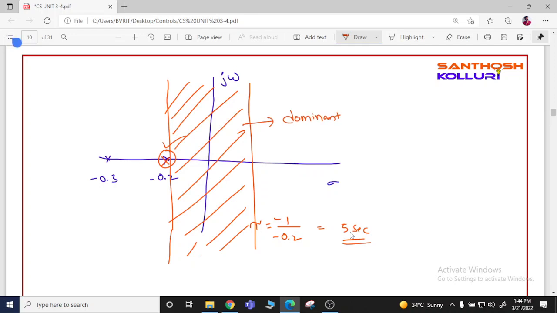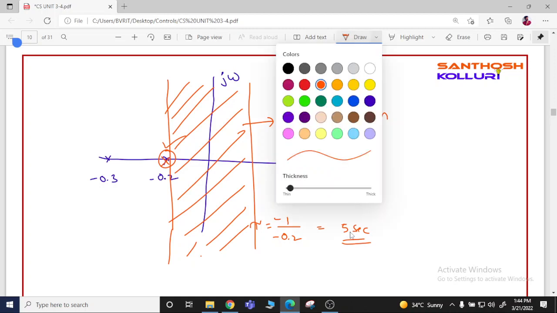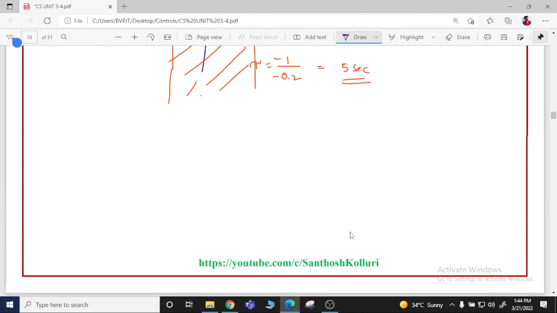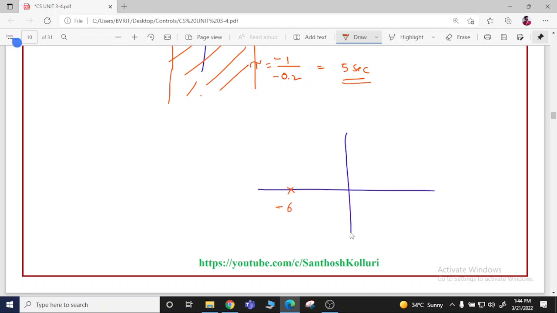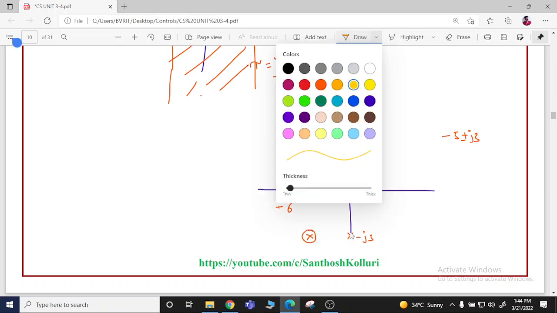Dominant region example. If you are having complex conjugate poles, let me take one pole at minus 6 and another pole at minus 5 plus or minus j3. So here this is minus 5, this is j3 and this is minus j3.